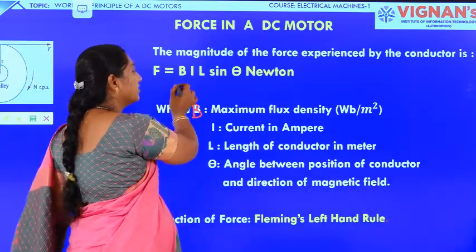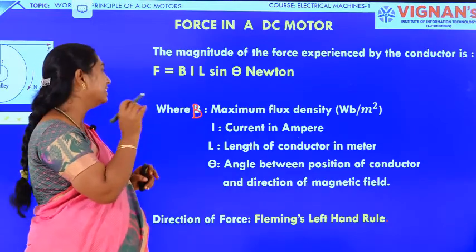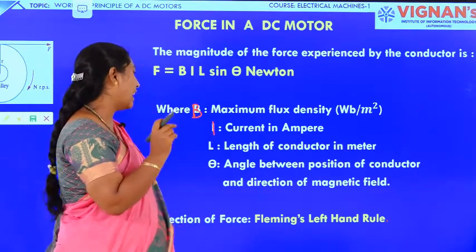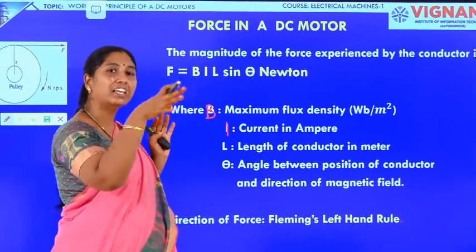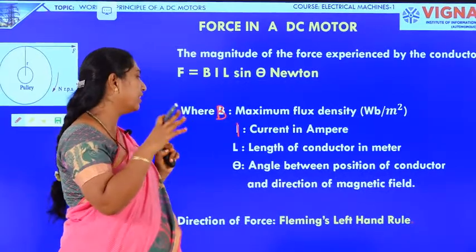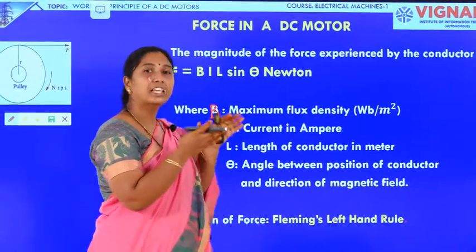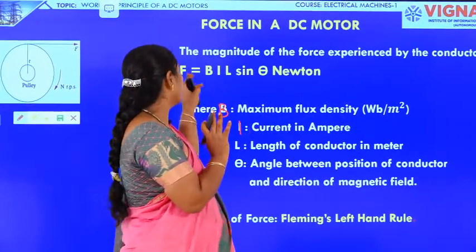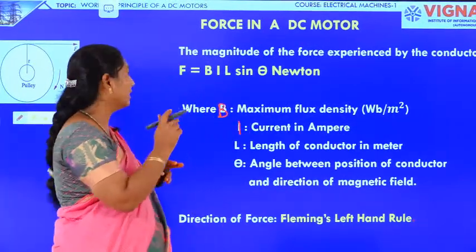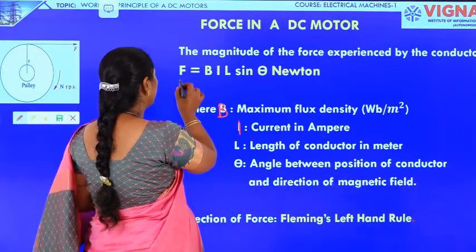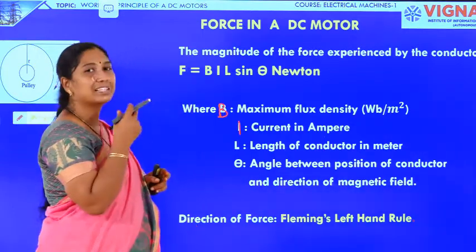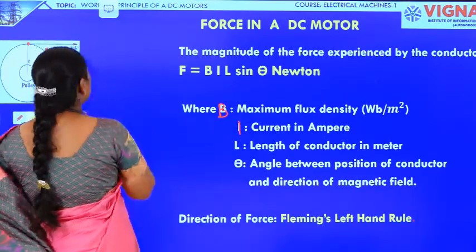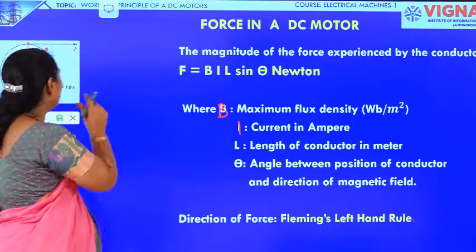That force is given by B I L sin theta, where I is the current that the conductor is carrying, L is the active length of the conductor in the magnetic field, and theta is the angle between the conductor and the magnetic field. So, the force experienced by the conductor will be given by B I L sin theta.